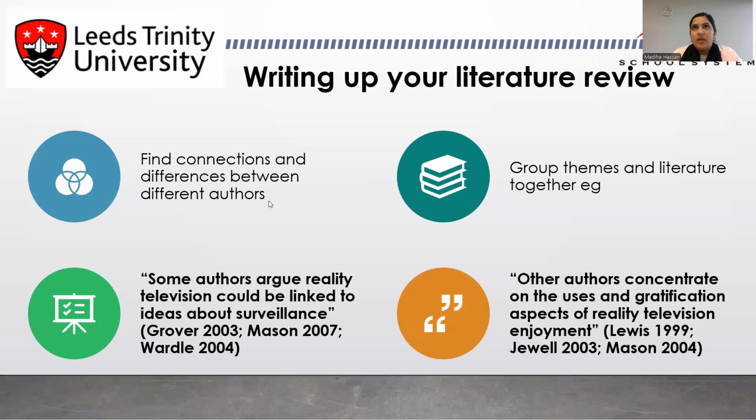So you need to see, okay, in people management, who has done the latest research? Maybe Taylor, or you can see Taylor's book or any other author's book, so you can compare and contrast them. Then group themes and literature together, as discussed previously.